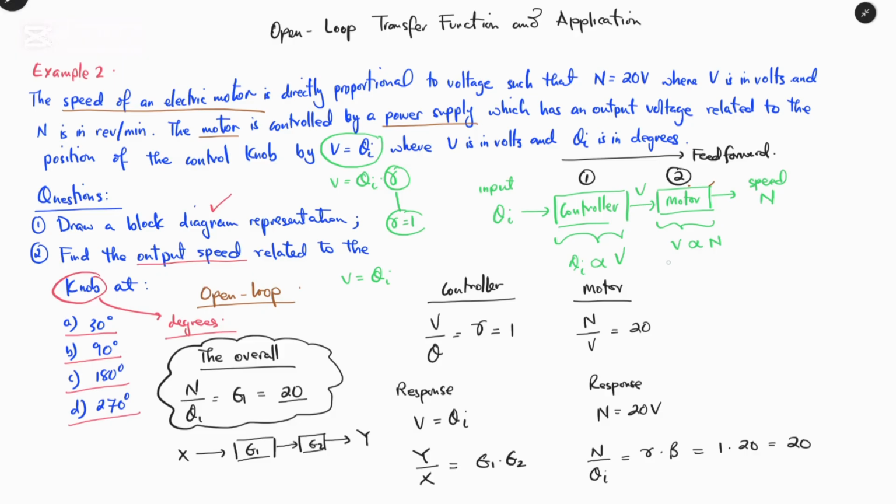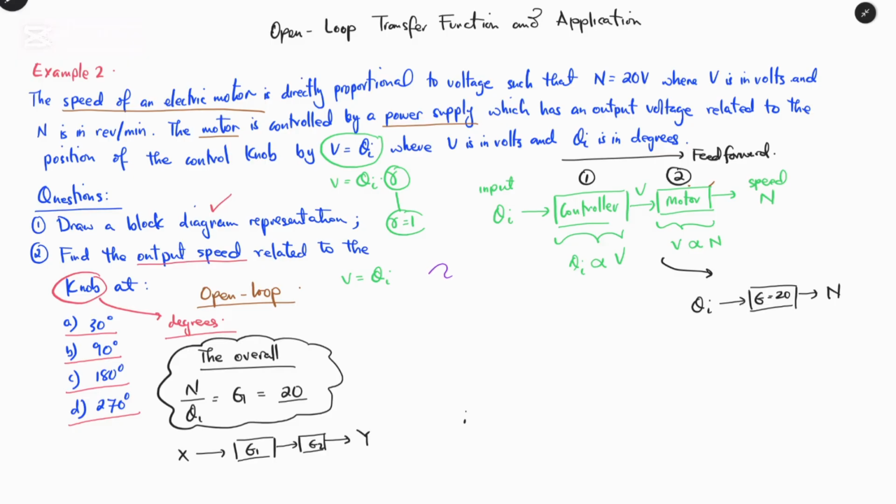And this system can simply reduce to theta I multiplied by G equal to 20, which will produce the speed. And this is the simplified block diagram of the open loop transfer function of the electric motor speed control system.